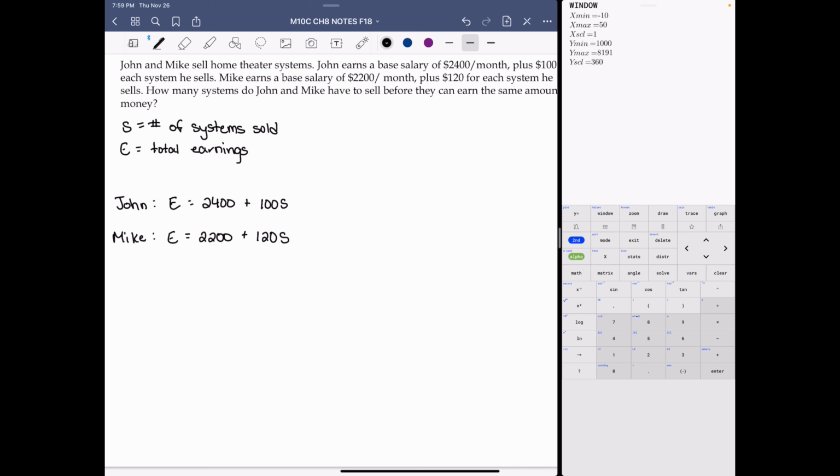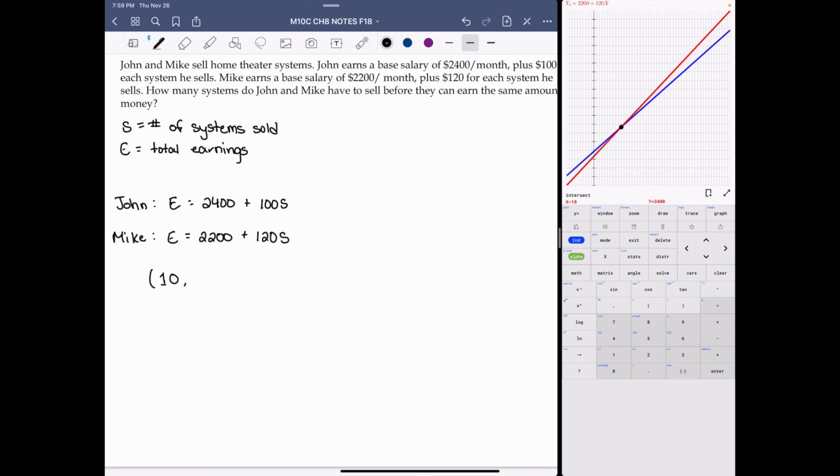Find the intersection point. Second, trace 5. Enter, enter, enter. X is 10 and Y is 3,400. This is the point where the two graphs are the same. So when will they earn the same amount?